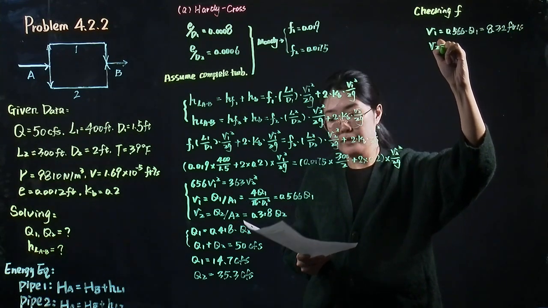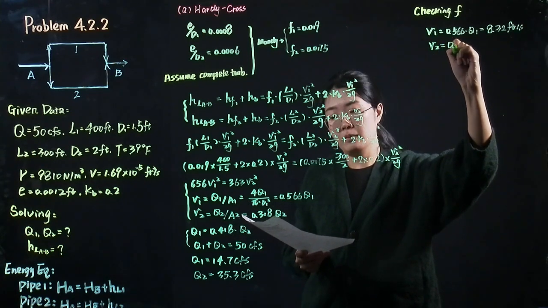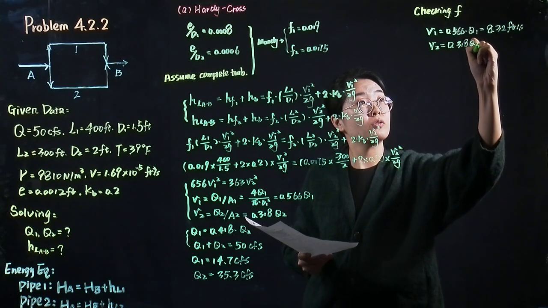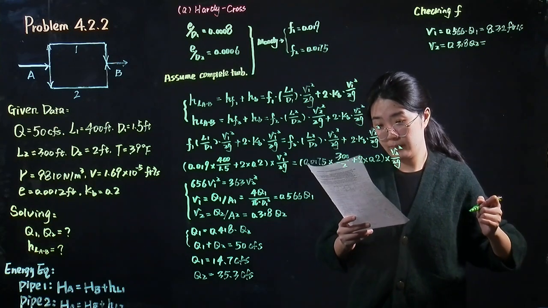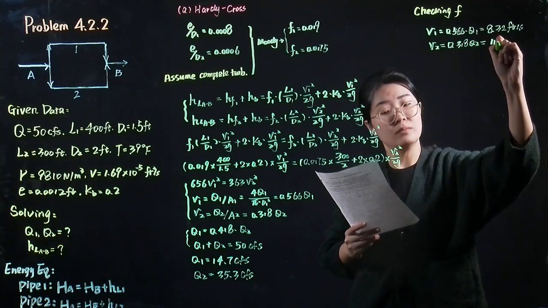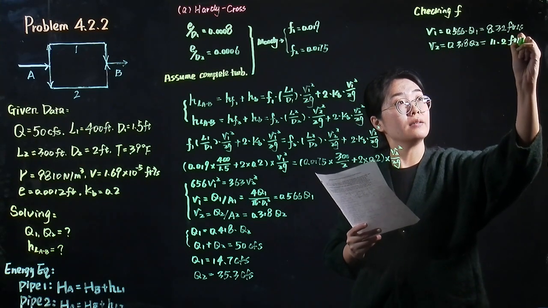And V2 equals 0.318 times Q2, which equals 11.2 feet per second.